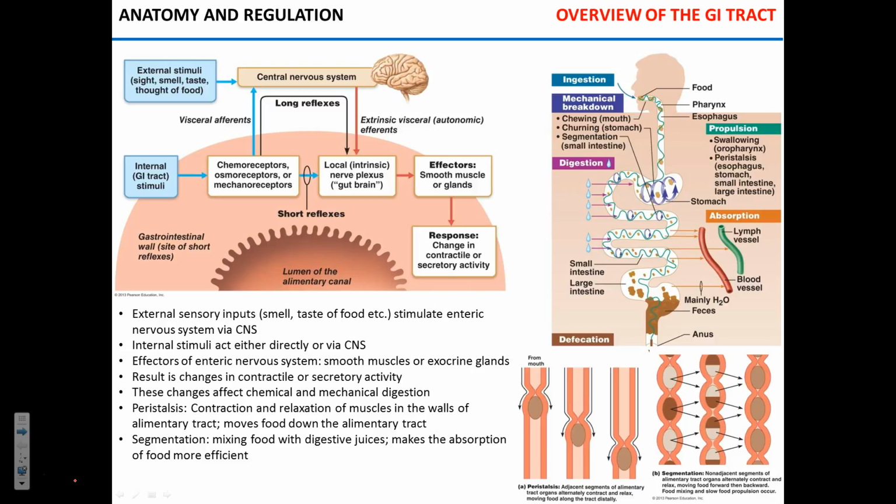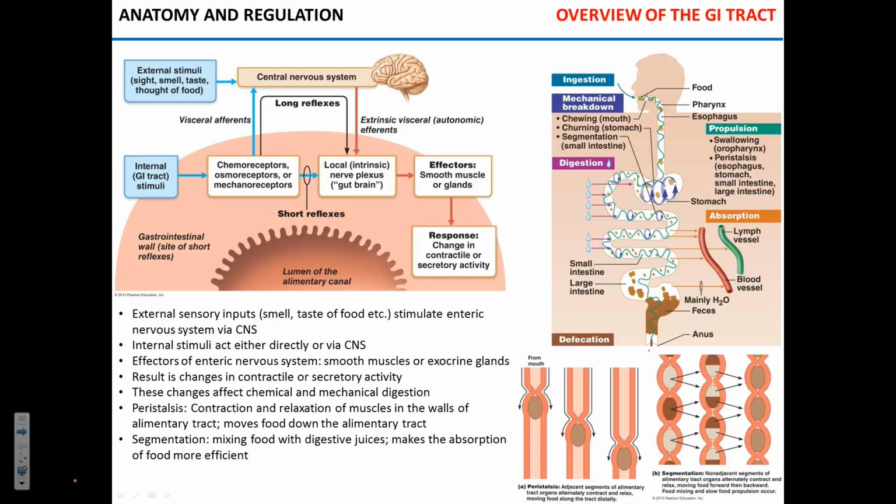If I tell you what will stimulate this process in a digestive system, you have to think it's probably food or lack of it. It's either we have food or we don't have food. Does that make sense? So, first I want to talk about the processes that happen in the digestive system and how they are regulated. So let's talk about regulation first.